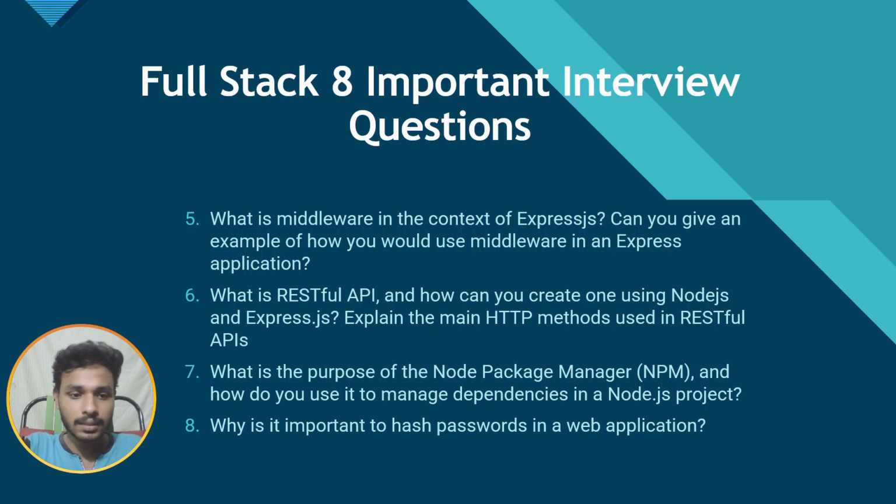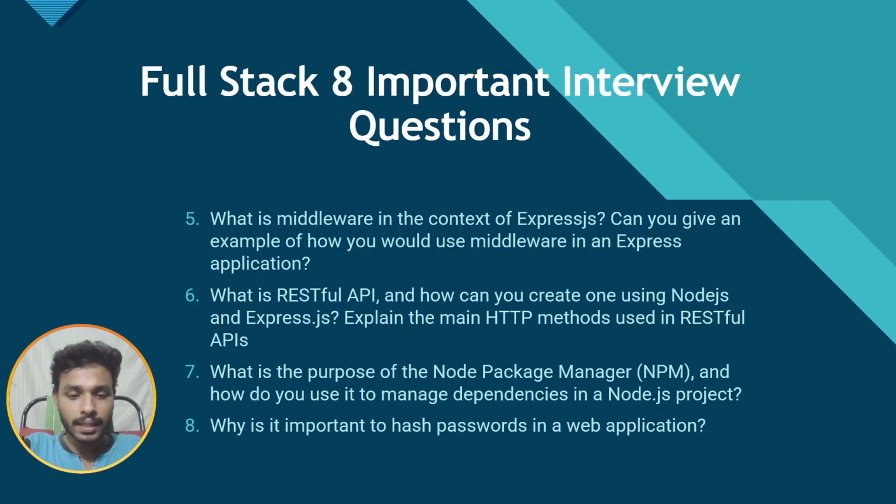And the next question is, what is a RESTful API and how can you create one using Node.js and Express.js? Explain the main HTTP methods used in RESTful APIs. Okay, RESTful API means Representational State Transfer Application Programming Interface. It is used for designing network applications.